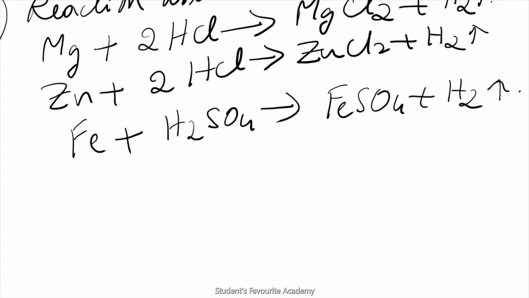Now, nitric acid behaves slightly differently. Nitric acid is a very strong oxidizing agent, so it is not used in the preparation of hydrogen. Why? Because it oxidizes hydrogen and forms water, thus defeating the purpose of the reaction. So only magnesium and manganese can produce hydrogen with very dilute nitric acid.